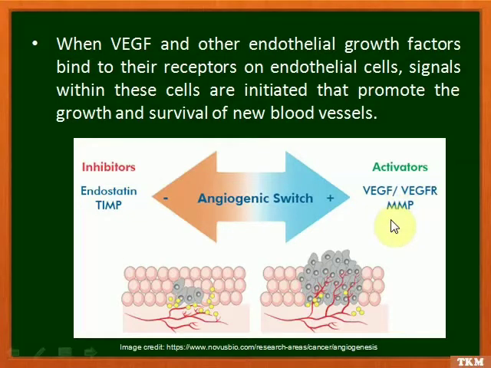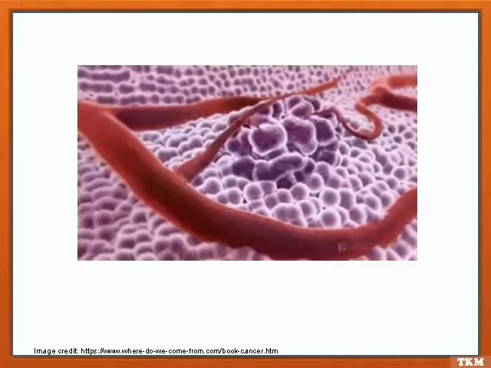These are the activators that activate the endothelial cells and initiate growth of new blood vessels. And these are the inhibitors, endostatin. If there is growth of new blood vessels, then the tumor cells will replicate even faster. This is how it happens.